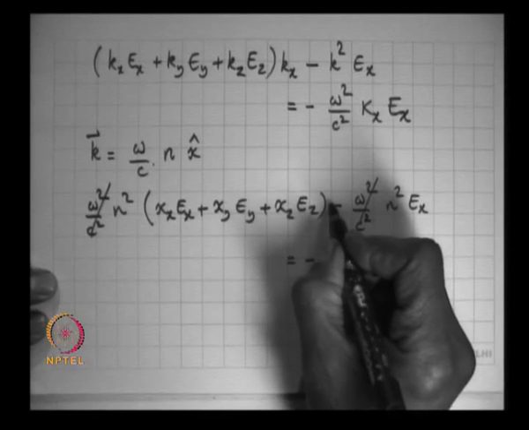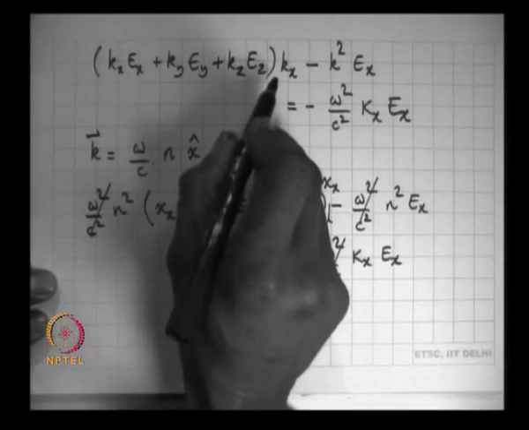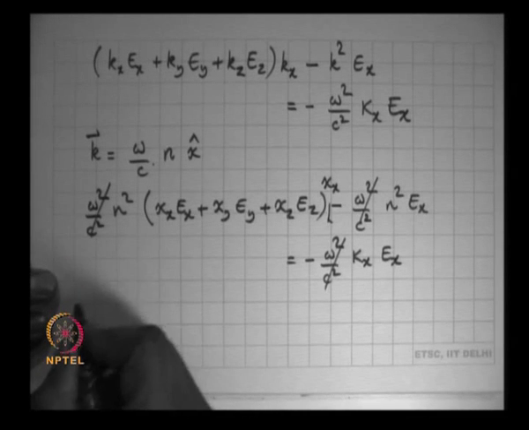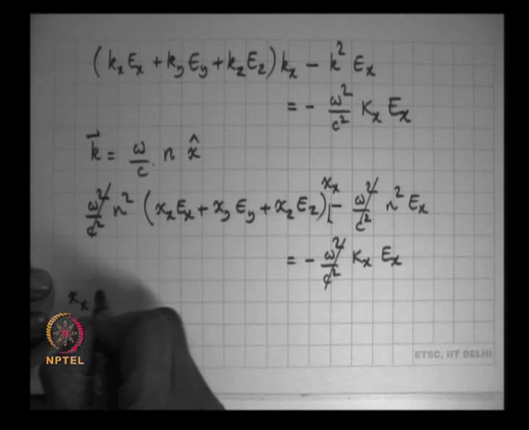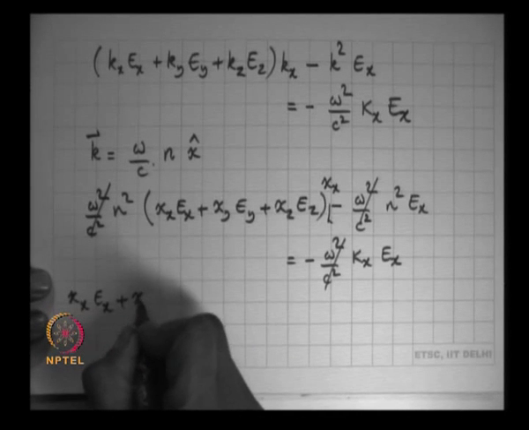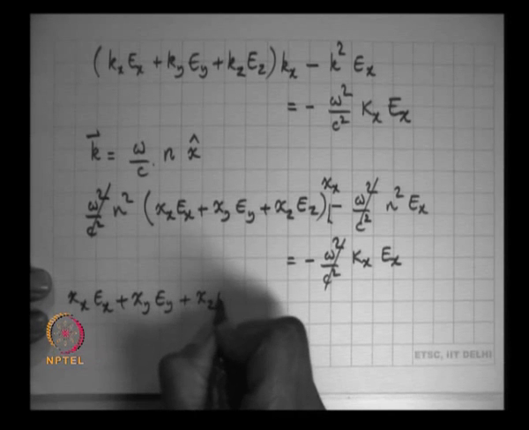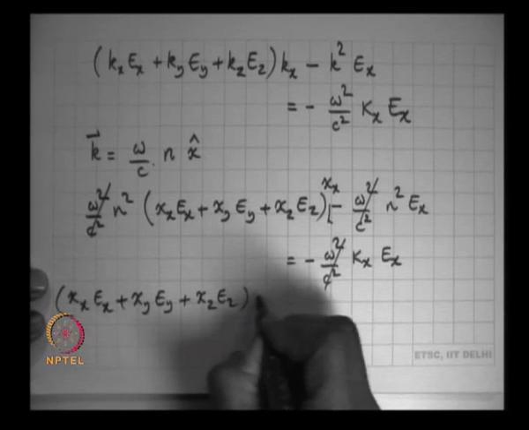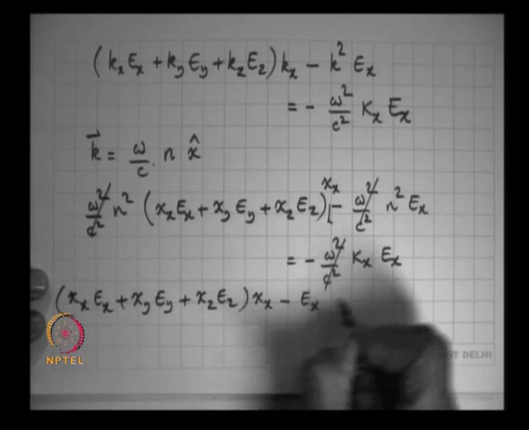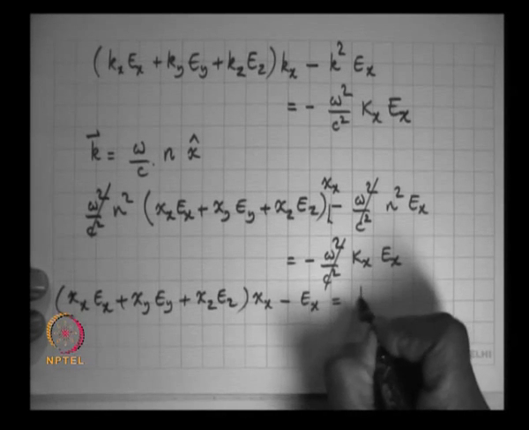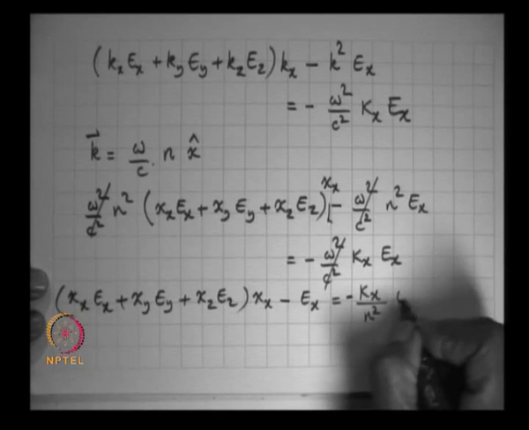Sorry, there is a kappa x here sitting. This kappa x from here is sitting here. So, I divide by n square. So, I will get kappa x Ex plus kappa y Ey plus kappa z Ez into kappa x minus Ex is equal to kx minus kx by n square times Ex.